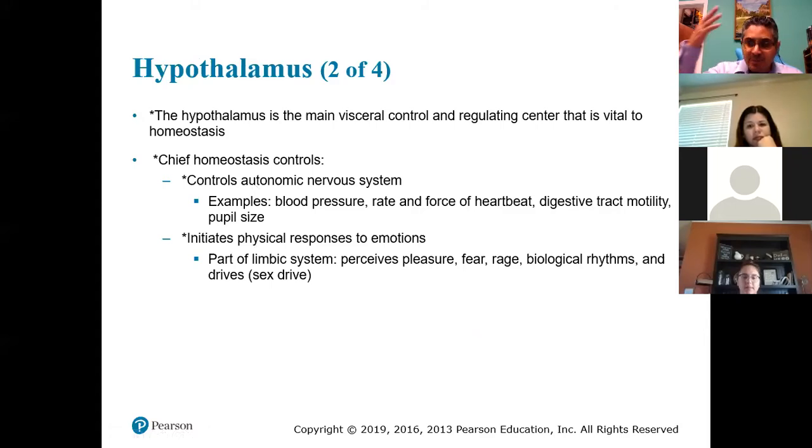And it is behind the scene gathering all this information, helping you study. The hypothalamus is awesome. So here, examples that they give you here: blood pressure, rate and force of heartbeat, digestive tract mobility, pupil size. That's just to name a few of the things it can do. It also can initiate physical responses to emotion, fear, rage, biological rhythms, and other things as well.